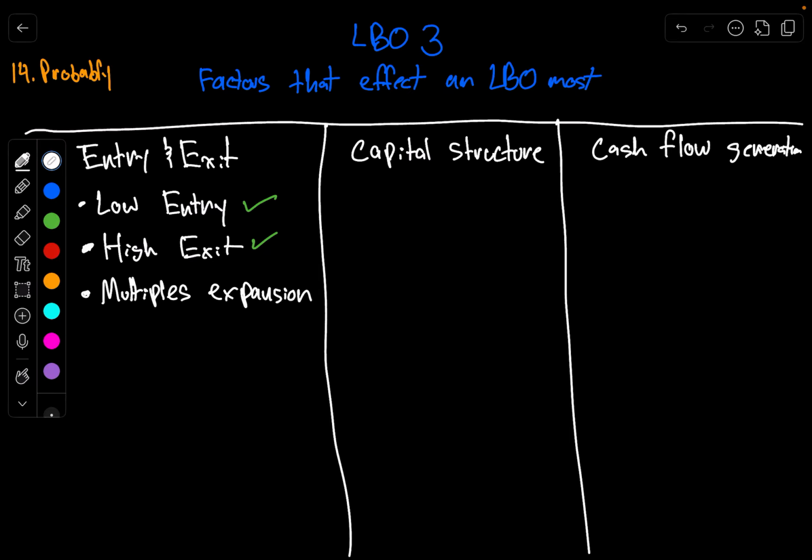Now let's move on to our capital structure, right? So we obviously know that if we have high debt, right, assuming that we're able to pay for it, this is going to increase our internal rate of return, right? The type of debt also matters, right? So the interest rate on that debt also matters, right?